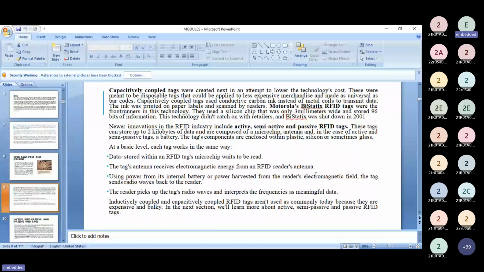Inductively coupled and capacitively coupled RFID tags aren't used as commonly today because they are expensive and bulky. In the next section, we will learn about the active, semi-passive, and passive tags.